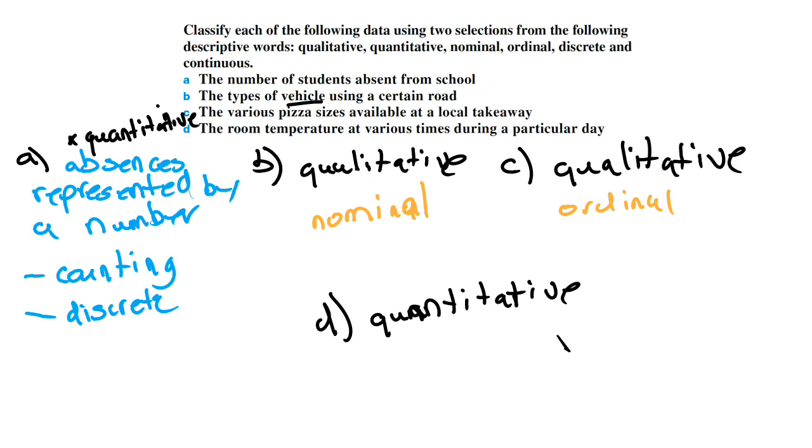Now we've got to look at it and say, is it discrete or continuous? Now remember, when you're measuring a temperature, the data is continuous because the temperature can assume any value, plus we've got a measurement involved. So that is going to be continuous.